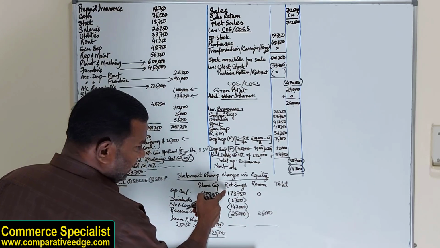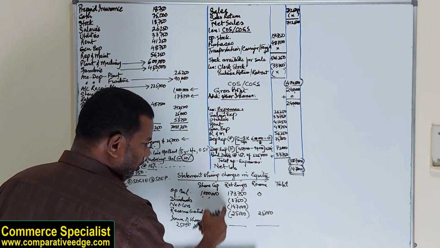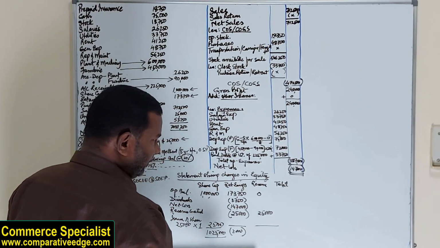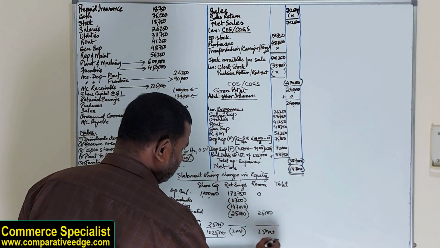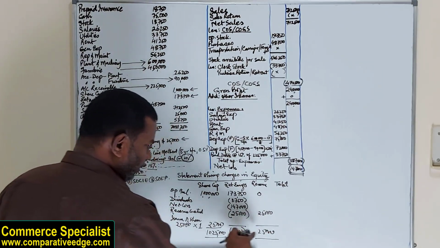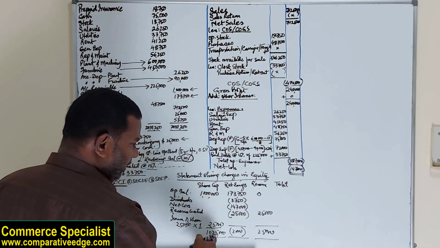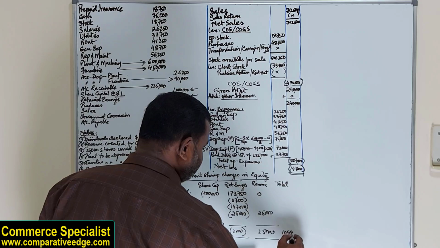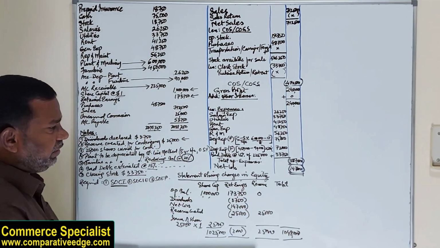Now 173 is positive and all these three are negative, so when you net them off, you will get a minus 2,000, and 0 plus this is 25,000. Finally, when you net these amounts off, 1,025,000 and 25,000 is 1,050,000, minus 2,000 will give you 1,048,000. This is your statement showing changes in equity.